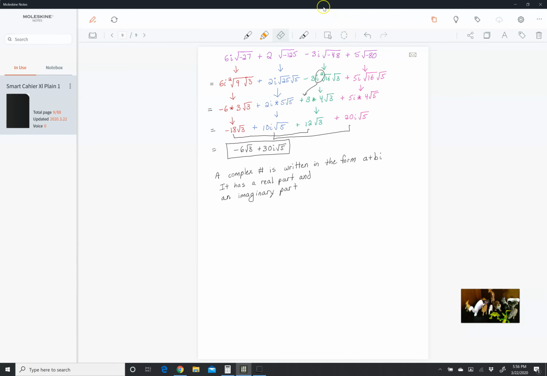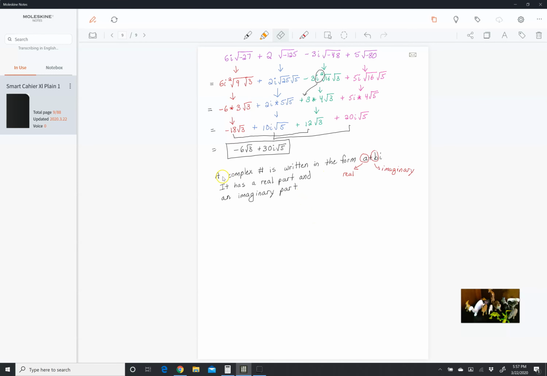So the a is the real part. The b, and just the b, is the imaginary part. By saying it's imaginary, we're implying that it's being multiplied by i. It can't be an imaginary number if we're not multiplying by i.